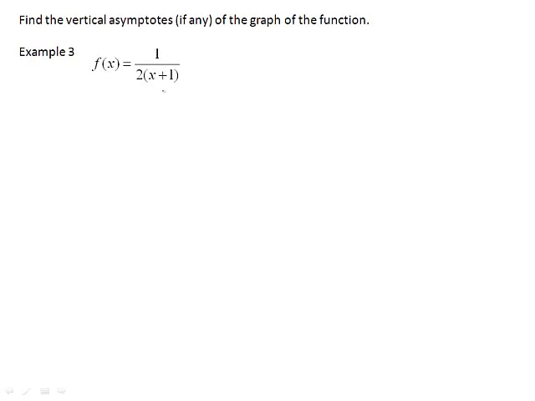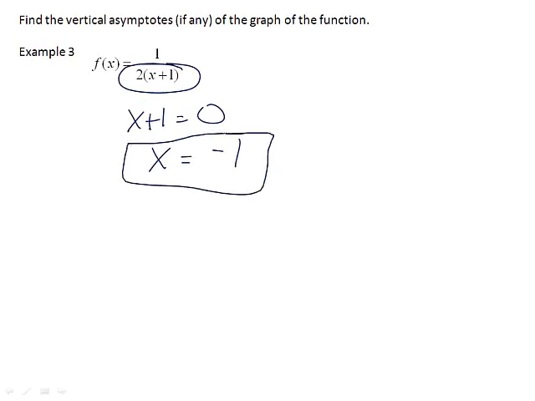All right, here we go. So in order to find vertical asymptotes, we need to take this and set it equal to 0. Do I really need the 2? No, the 2 is just going to go away. So I really am going to set that x plus 1 equal to 0. What am I going to get? X equals negative 1 is my vertical asymptote.